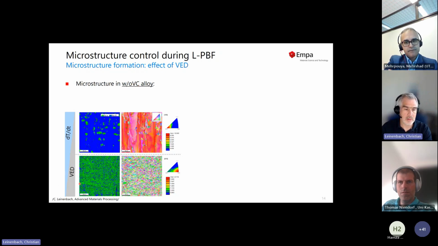Here, high volumetric energy densities mean we put a lot of energy in, and the cooling rate in one melt pool is fairly low. On the other side, with lower volumetric energy densities, the cooling rates are significantly higher because the melt pools are usually smaller and heat is dissipated more rapidly.